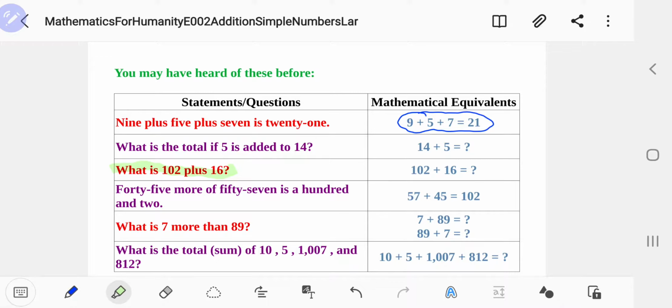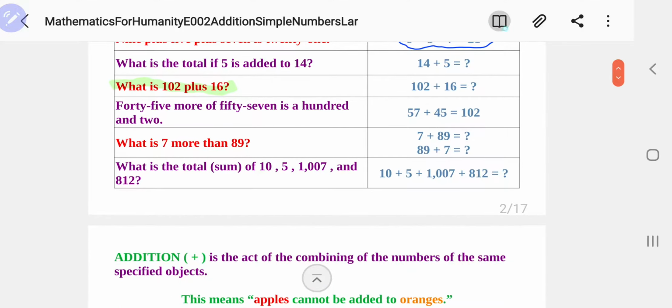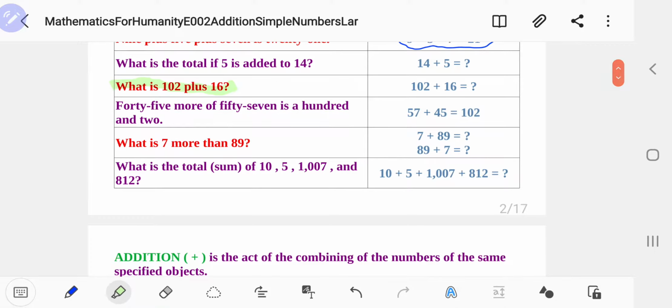And the mathematical equivalent for that is 102 plus 16 equals. The next statement is 45 more of 57 is 102. Your mathematical equivalent for that is 45 more of 57 is equal to 102.